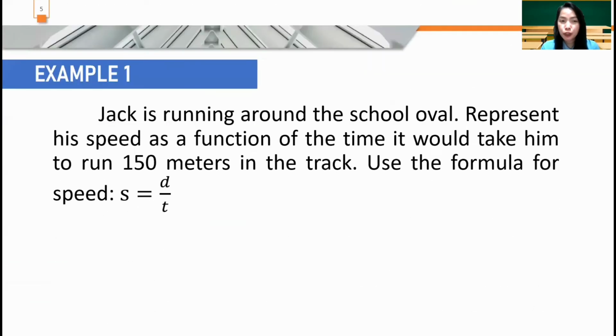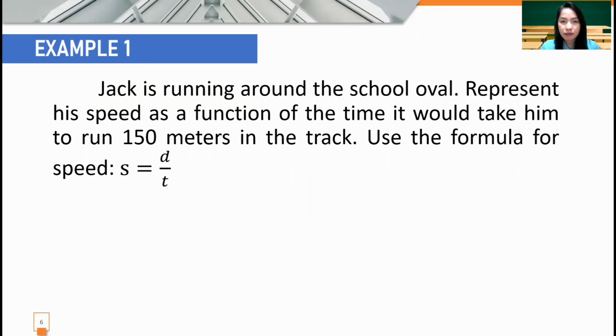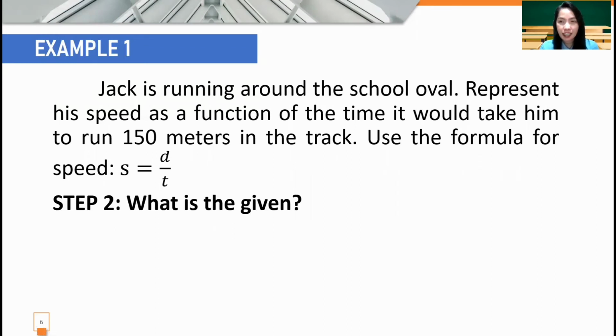For step number 2, same problem. What is the given? You have to identify ano yung mga numerical data na nasa problem and also the condition. Ang nandito lang ay 150 meters.